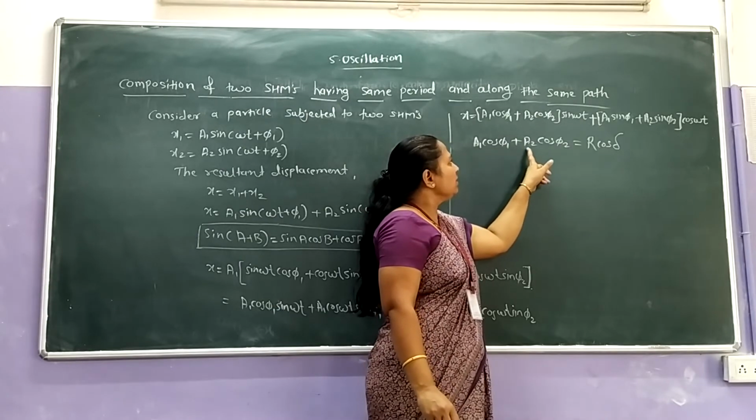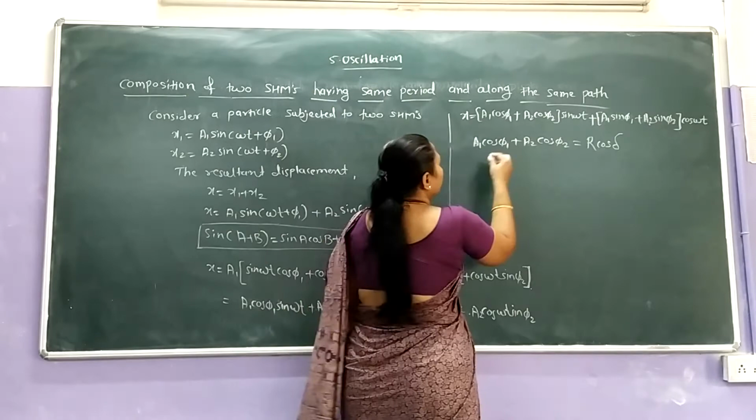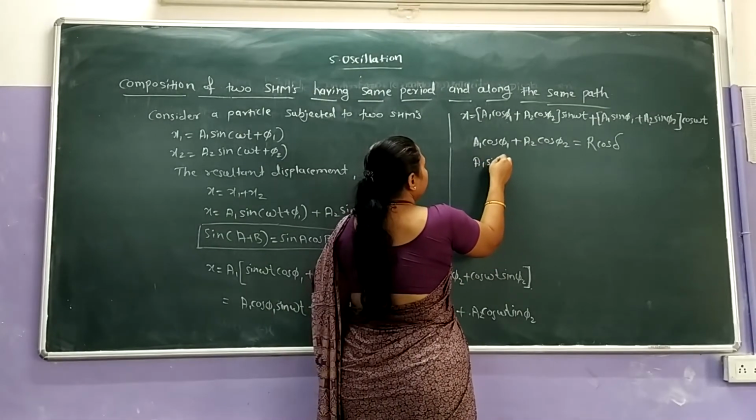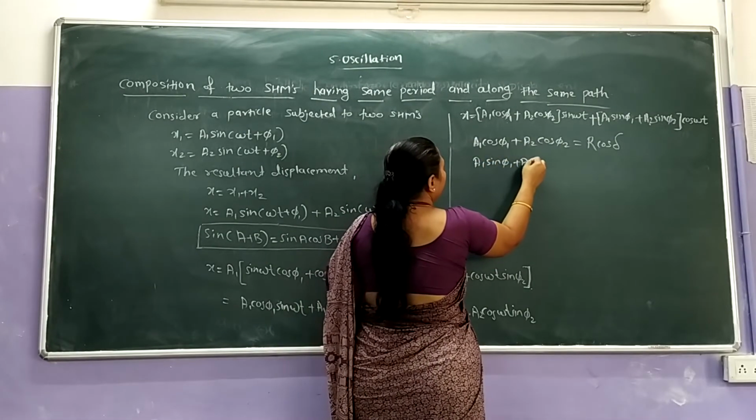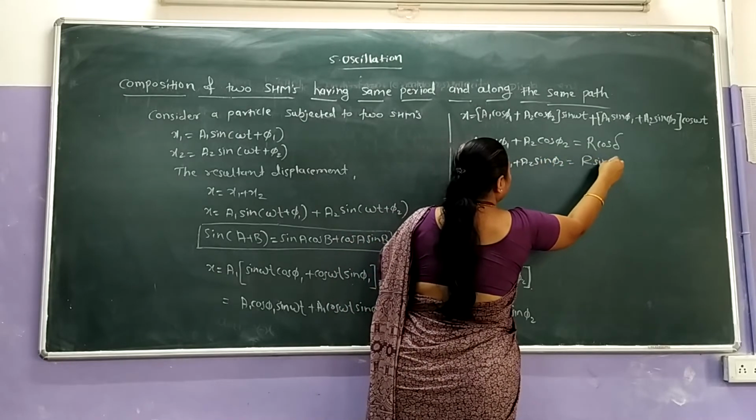A1 cos phi 1 plus A2 cos phi 2 is equal to R cos delta, and the other equation, A1 sin phi 1 plus A2 sin phi 2 is equal to R sin delta.